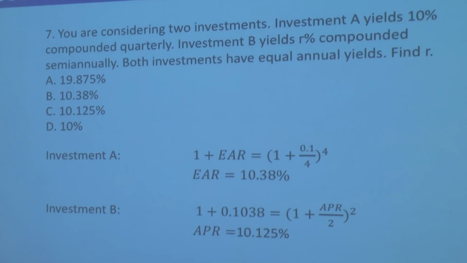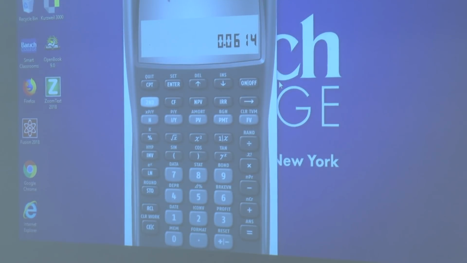Is there a way to do this in the calculator the same way we did the other ones? Absolutely. For the first one you want to compute the EAR. So you do second, icon V. The nominal is 10%.